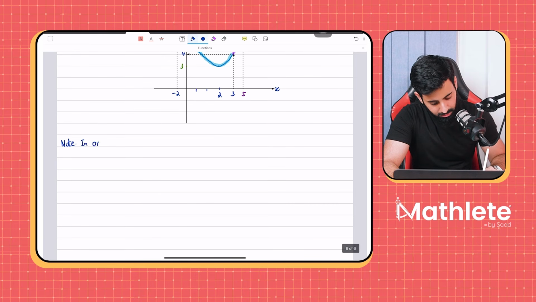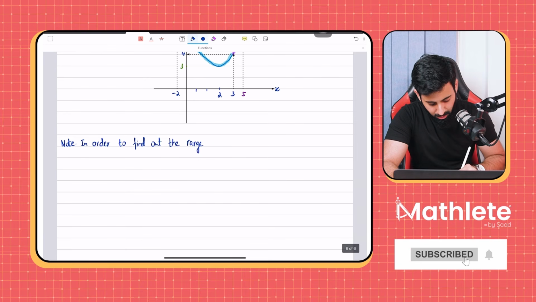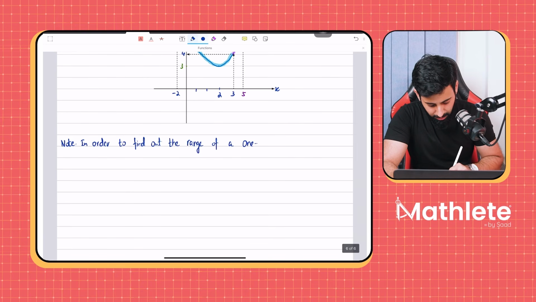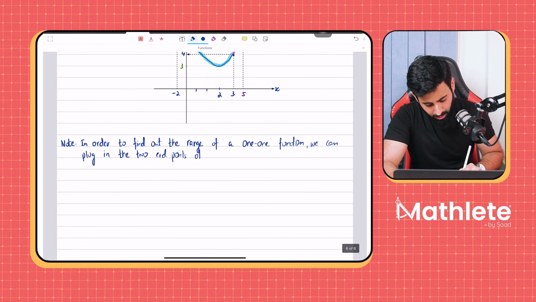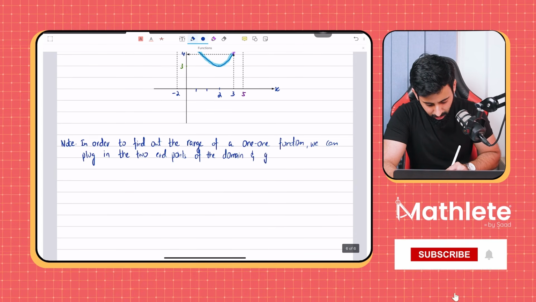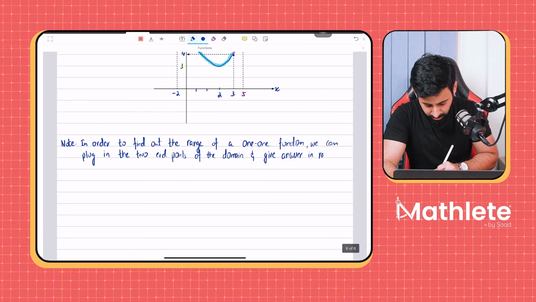In order to find out the range of a one-to-one function, we can plug in the two end points or extreme points, doesn't matter, of the domain and give the answer in range form.